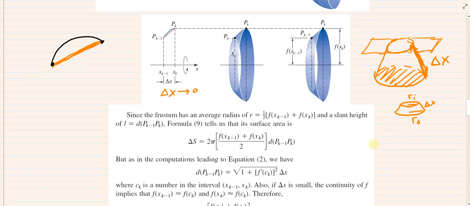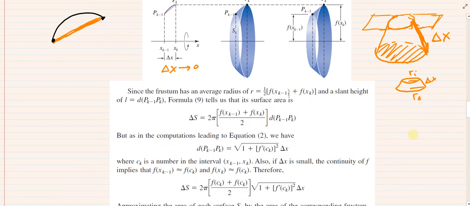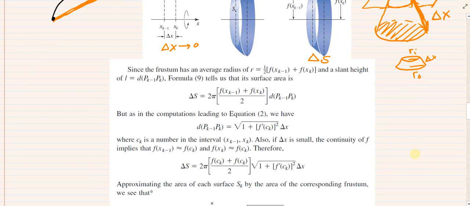Now, here you can see the derivation of a differential of the surface, delta s. The differential of the surface is going to be what this is. This is delta s, and that is given by the formula that you're looking at. So the formula to find the surface area of a frustum of a cone is 2 pi times, this quantity gives you the average radius, and that's the thickness.